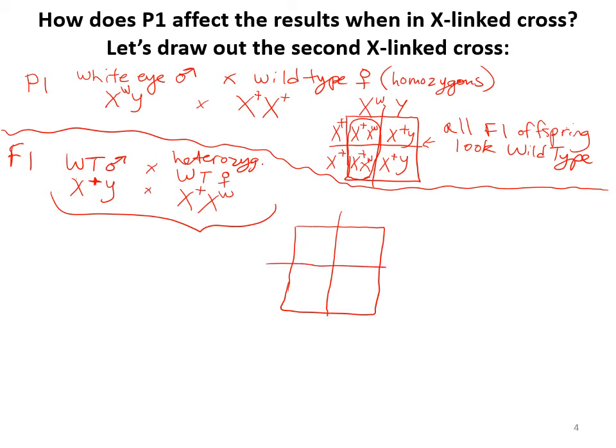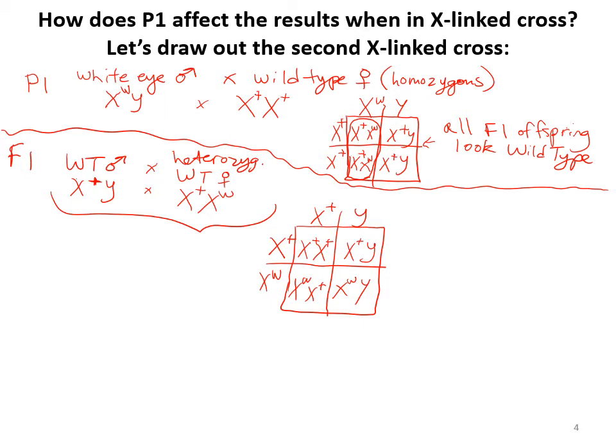Again, we draw the genotype of one parent, so I always draw the male up here, and we have our heterozygous female on the side here. Okay, and then you just fill in as we keep doing. X plus matched with an X plus, X plus matched with a Y, Xw matched with an X plus, and Xw matched with a Y.